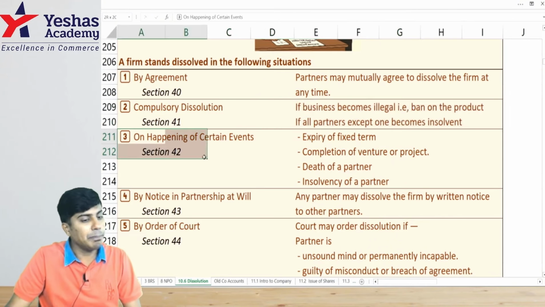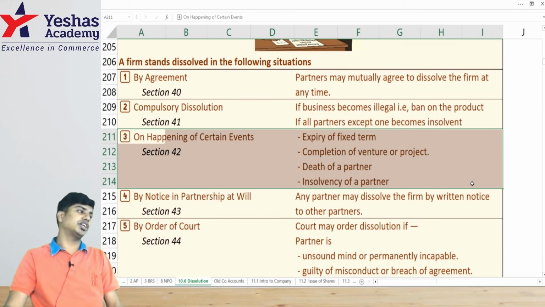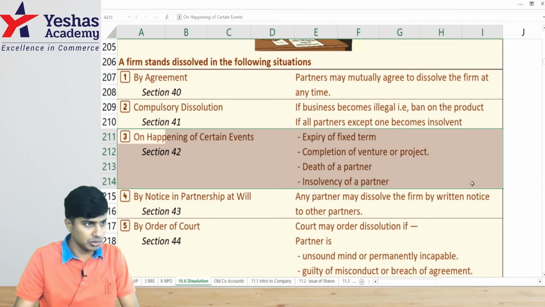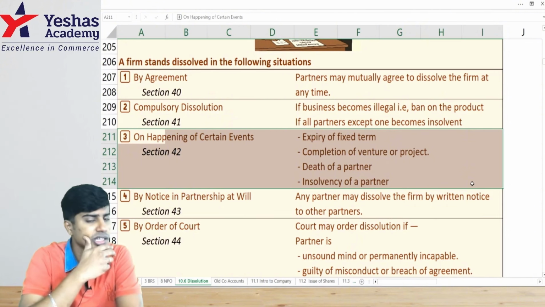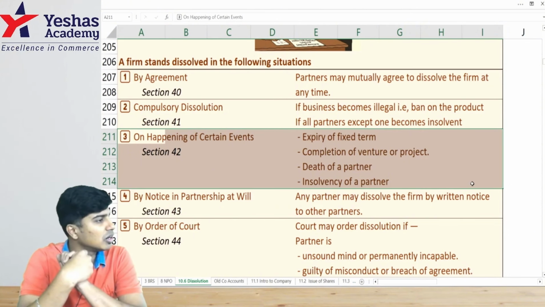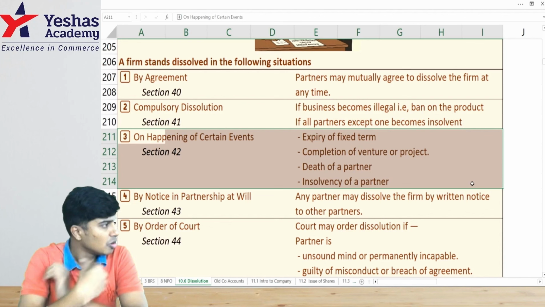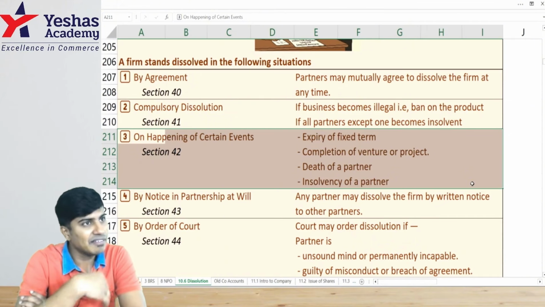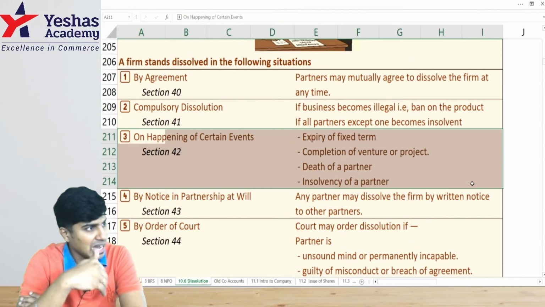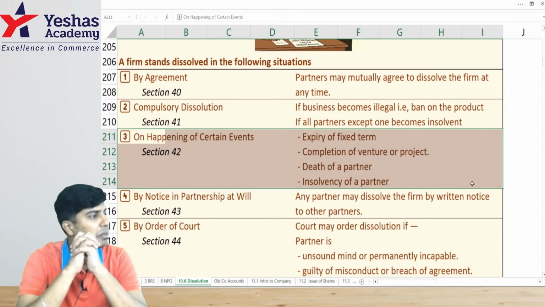Then comes dissolution on happening of certain events. This is given under section 42 of the Partnership Act 1932. If you created a partnership firm for a specific period, let's say 6 years, once 6 years is over, the firm will get dissolved. If you created the partnership firm for completion of a specific venture or project, say I have the land, you have the money, to construct the building, both of us will make one partnership.